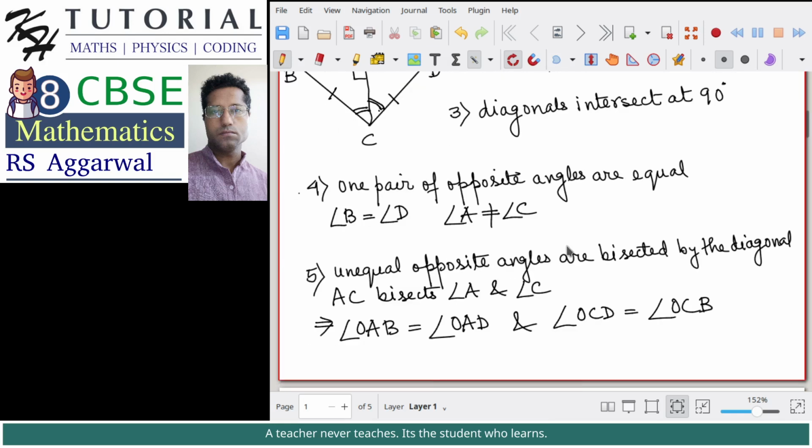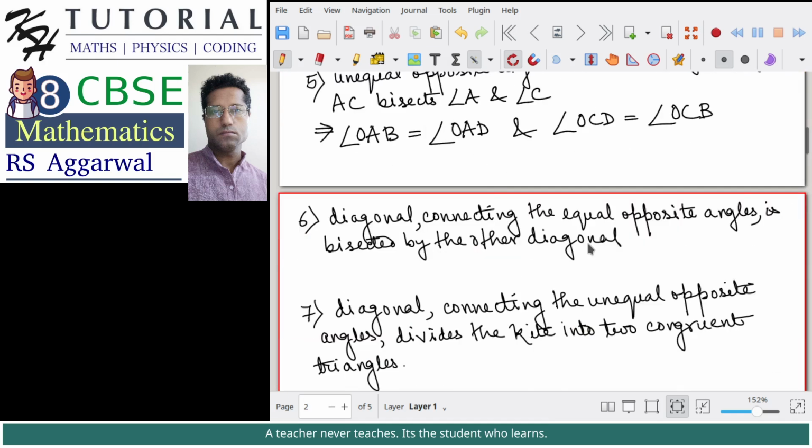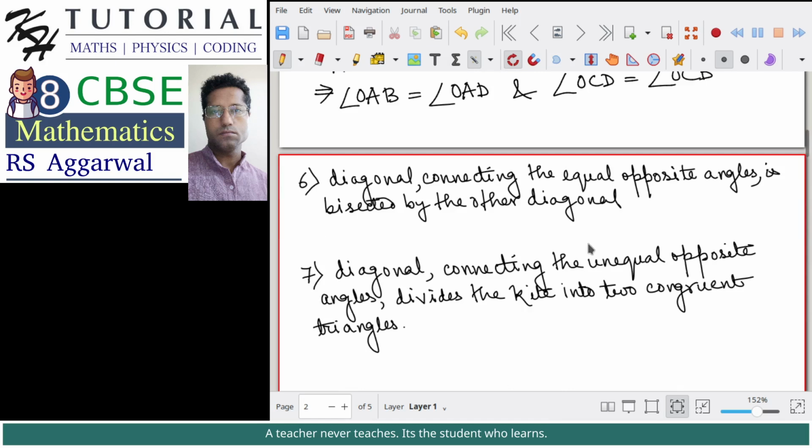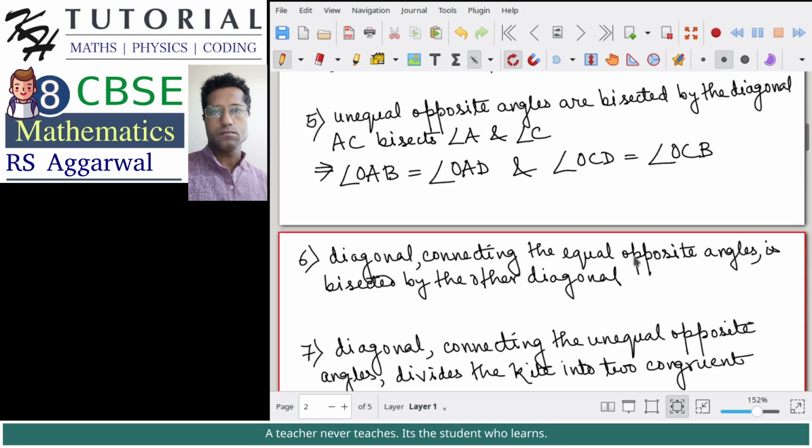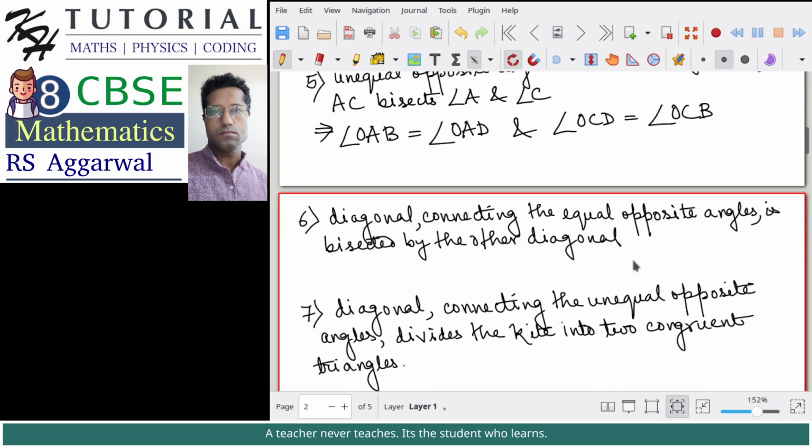Properties 3, 4, 5 are super important. Also there are two more important properties. What is property 6? It says the diagonal connecting the equal opposite angles is bisected by the other diagonal.